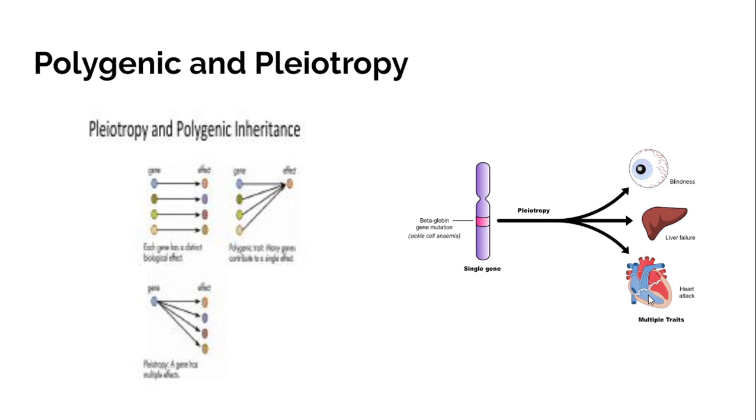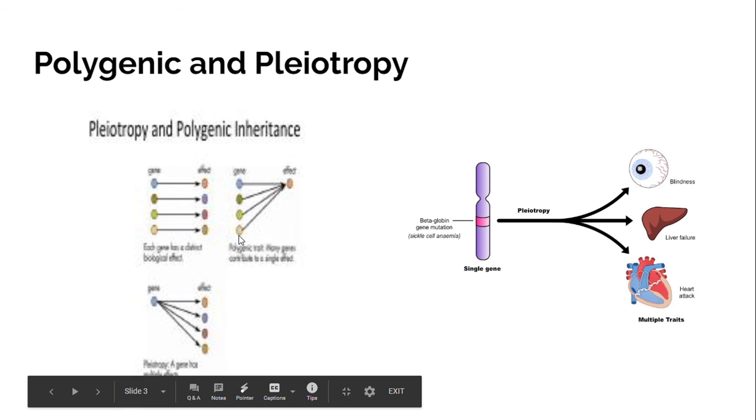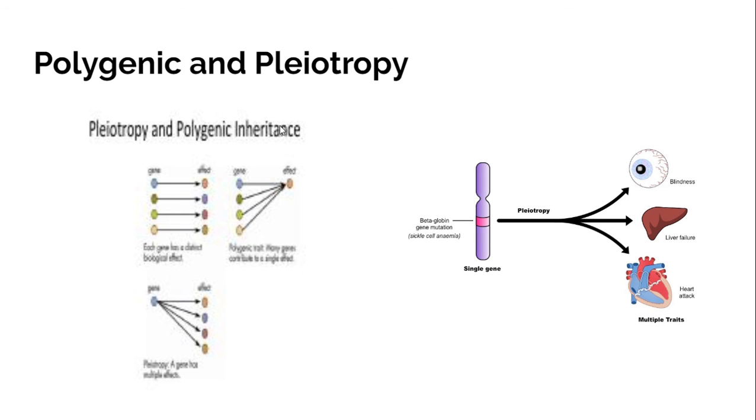So for instance here, this one gene on this chromosome affects both the eyes and the heart and many other facets of your body. And in the case of polygenic inheritance, it's taking two genes and linking them to one character.